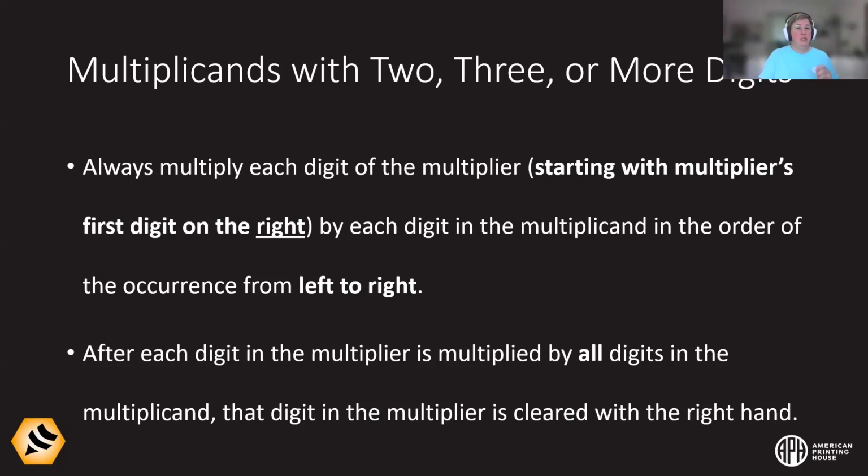After each digit in the multiplier is multiplied by all of the digits in the multiplicand, the digit in the multiplier is cleared with the right hand. Those are the rules, but we're going to practice this together. Sometimes it's good to hear it to refresh your brain about what you need to do.